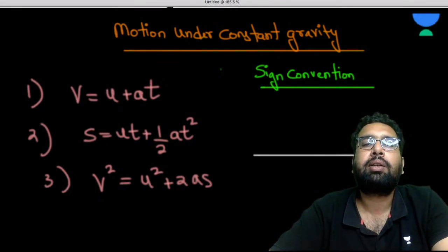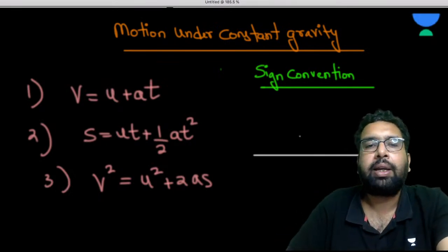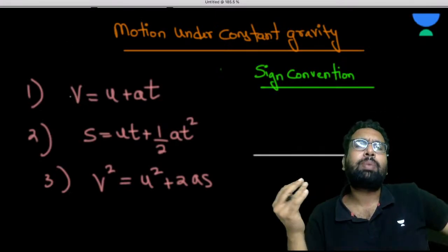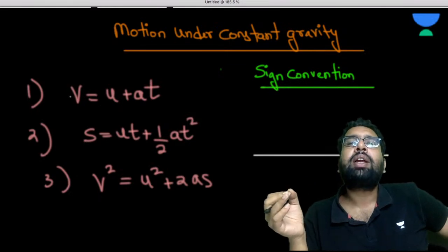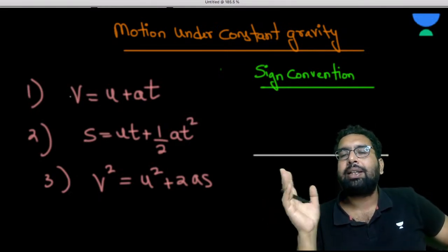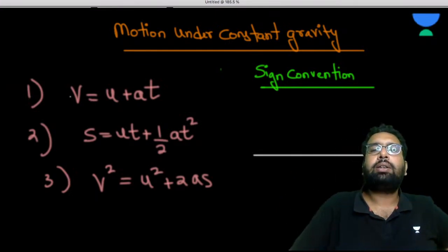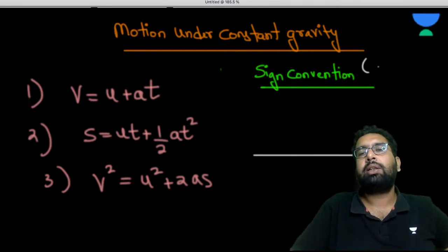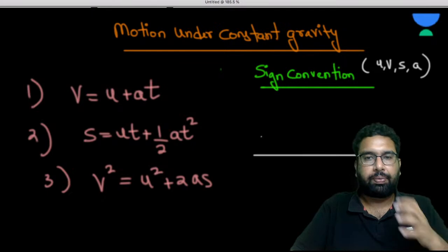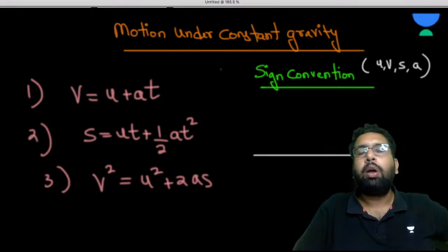So what are the vectors here? v is the final velocity, u is the initial velocity, a is the acceleration, t is the time. This sign convention is for vectors, that is u, v, initial velocity, final velocity, displacement, acceleration.